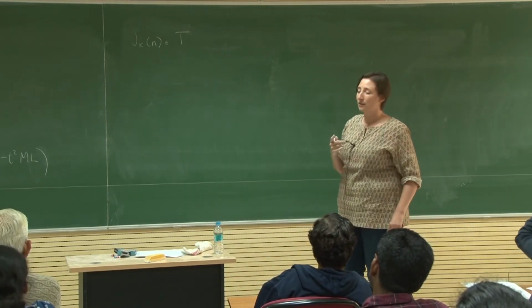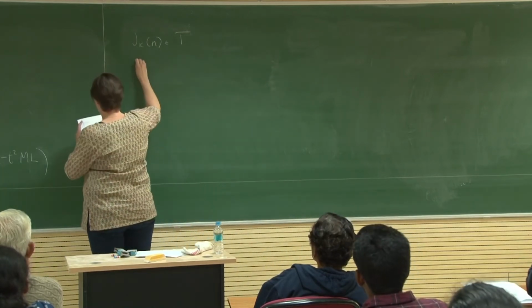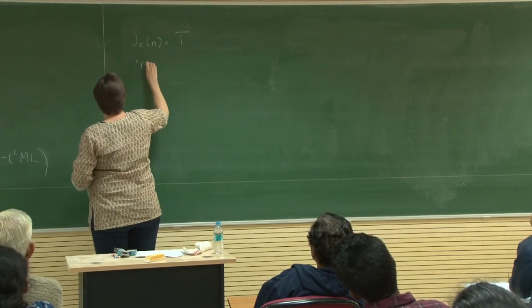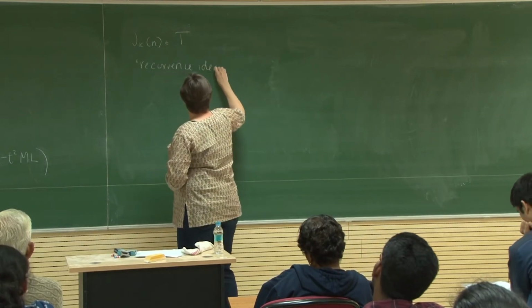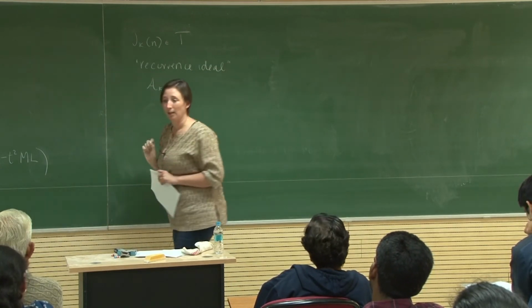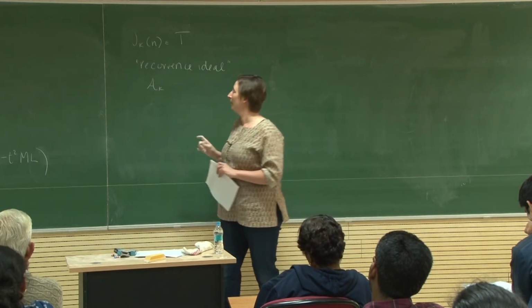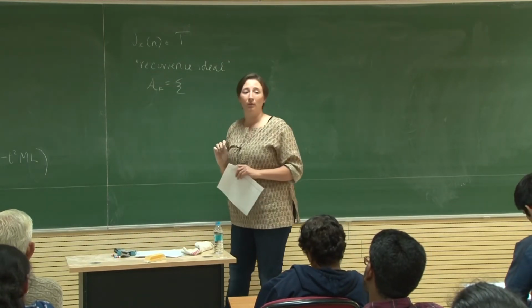The first part, what is the relevant ideal? It turns out the good ideal is called the recurrence ideal, suggestively denoted A_K, and it's just the left annihilator of the Jones polynomial.